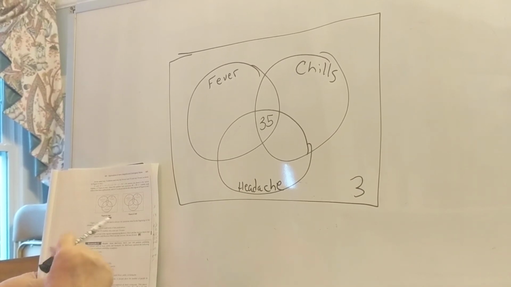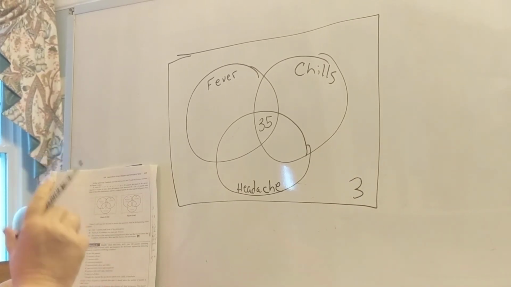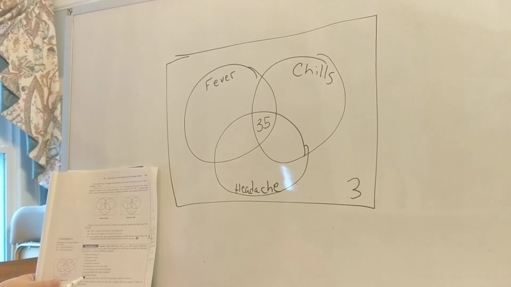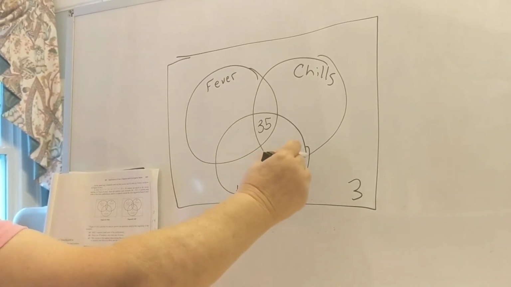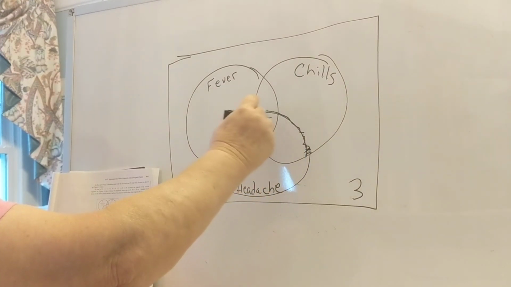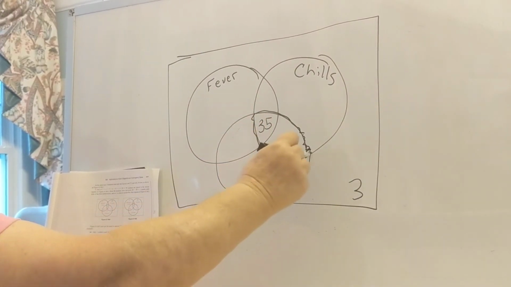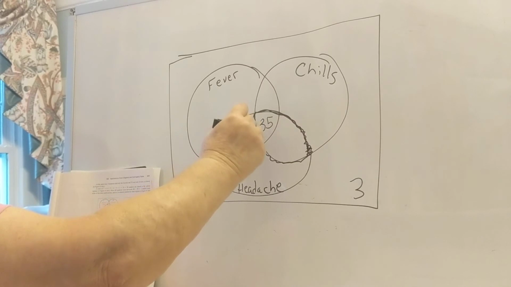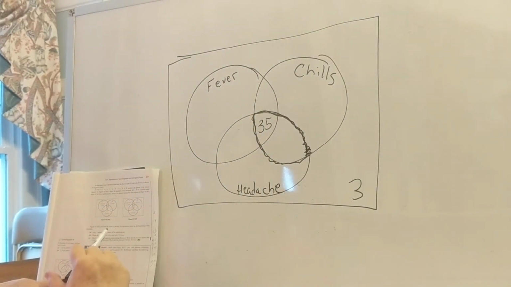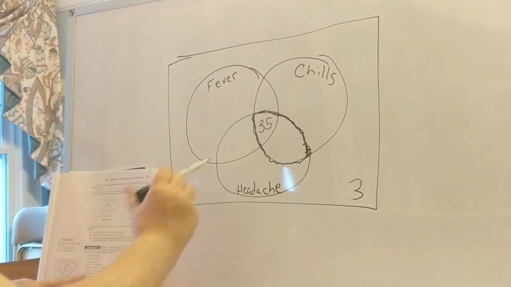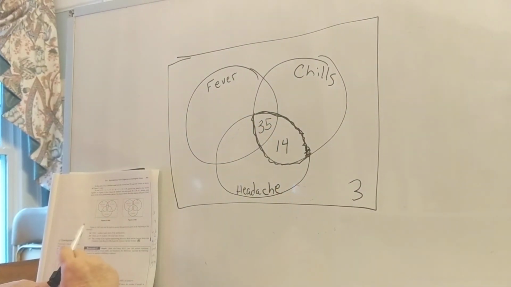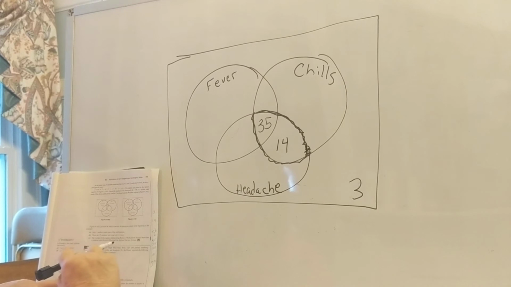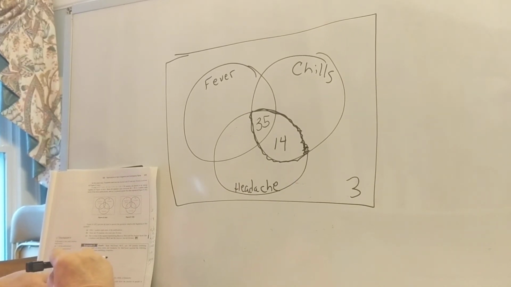Okay, now I'm going to go to the ones that have 2. 49 said that they had chills and a headache. So where chills and headache overlap, is that little region right there. See that? And that's 49 people. We've already counted 35, so 14 more makes 49 that should go in there. Now I'll find another one that has 2 symptoms.